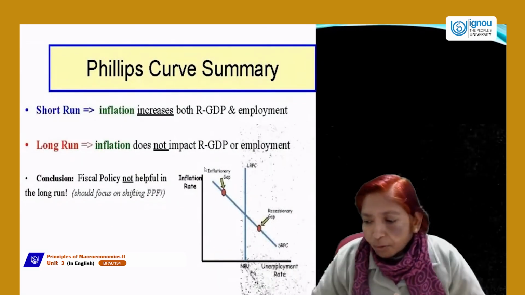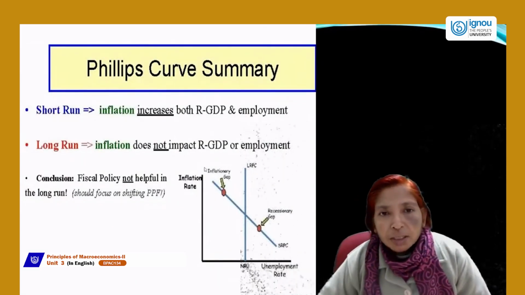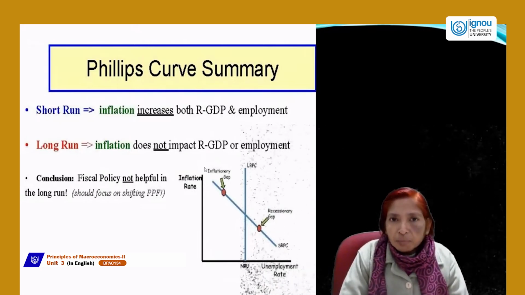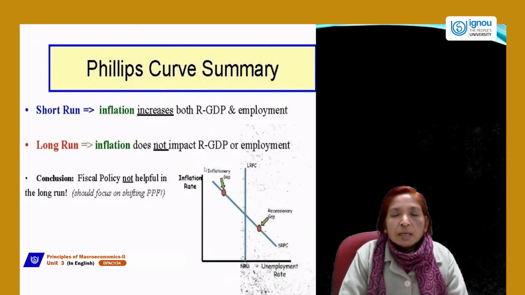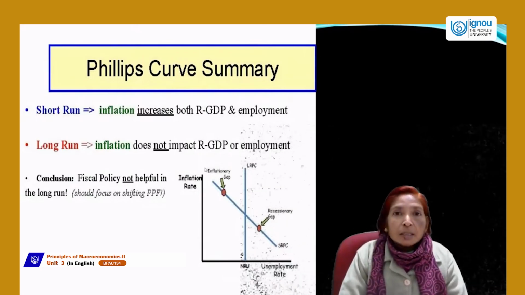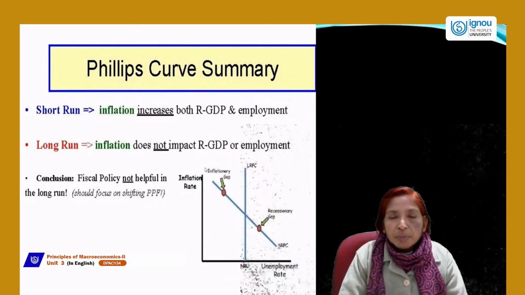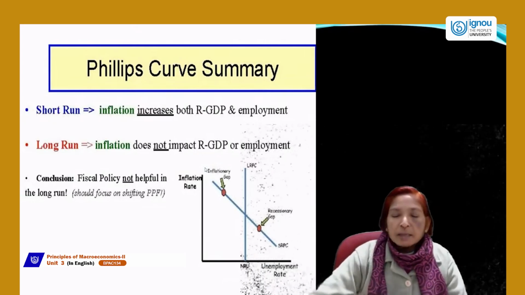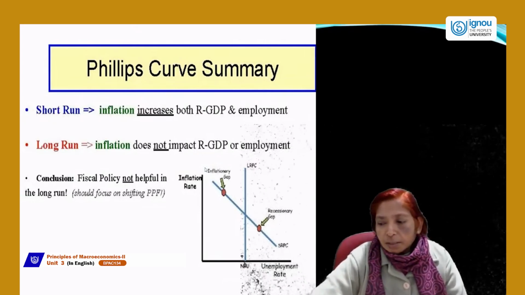So we can conclude from today's session that we have discussed various types of unemployment which exist in each and every economy, and how the Phillips curve explains the relationship between unemployment and inflation.